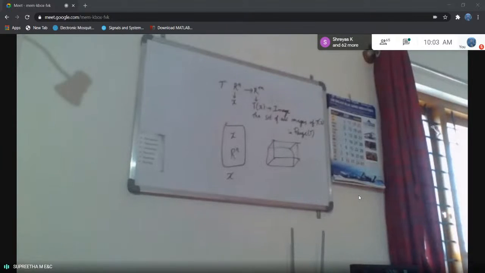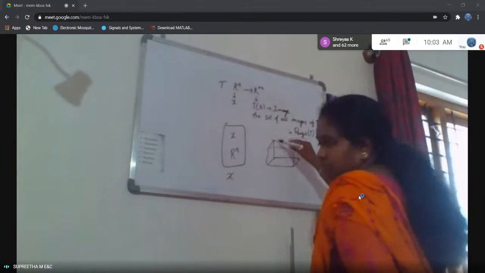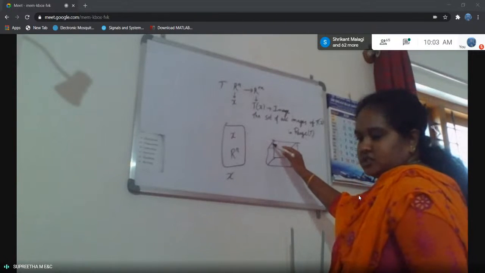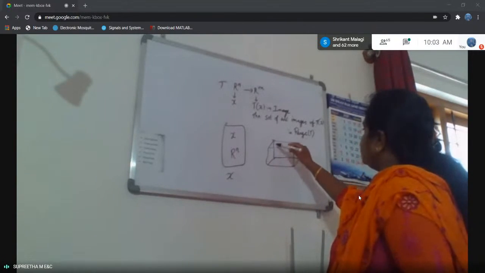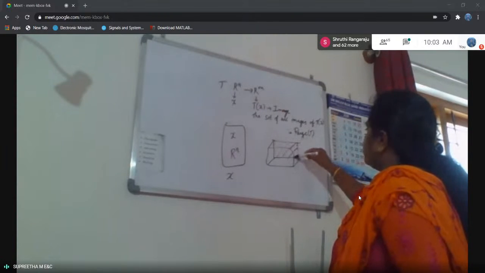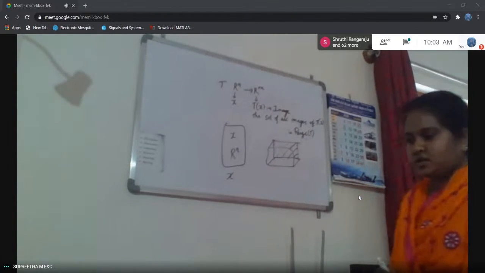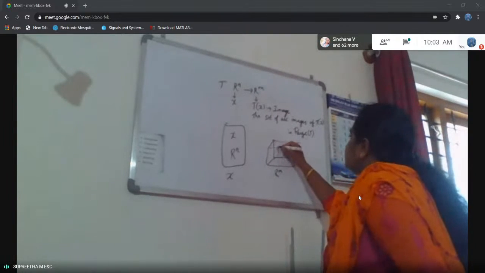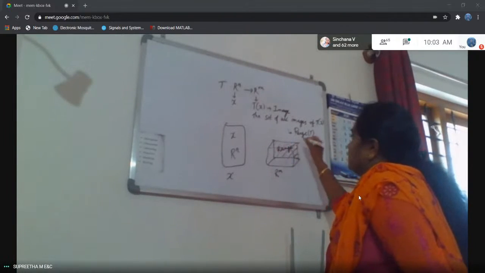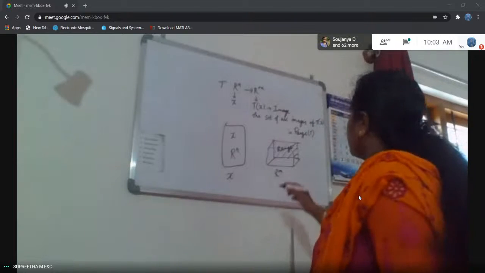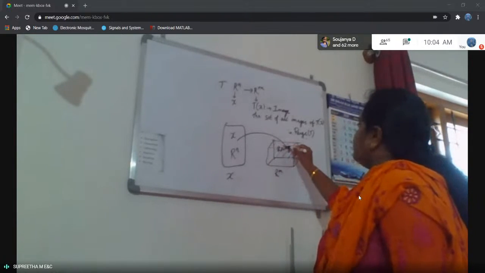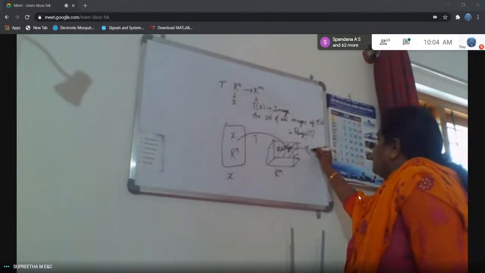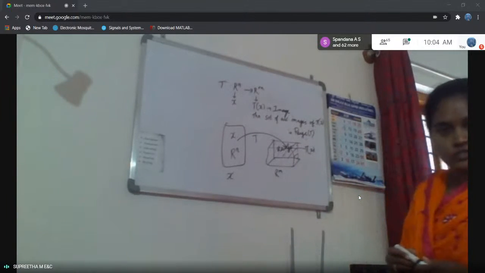Your entire Rn need not be in the range. Only a certain set of vectors can be in the range. Say these are the set of vectors present in the range. So if this is Rn, this is my range. Like this, I apply the transformation, so I get it in the range, and here it has all the T of x vectors.